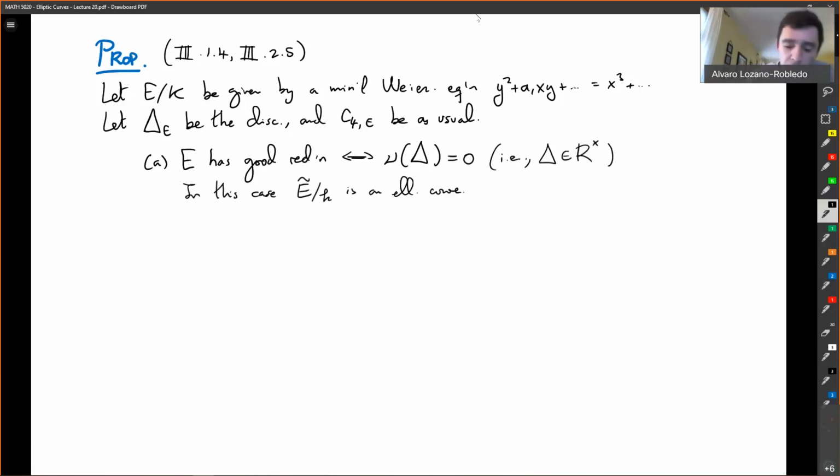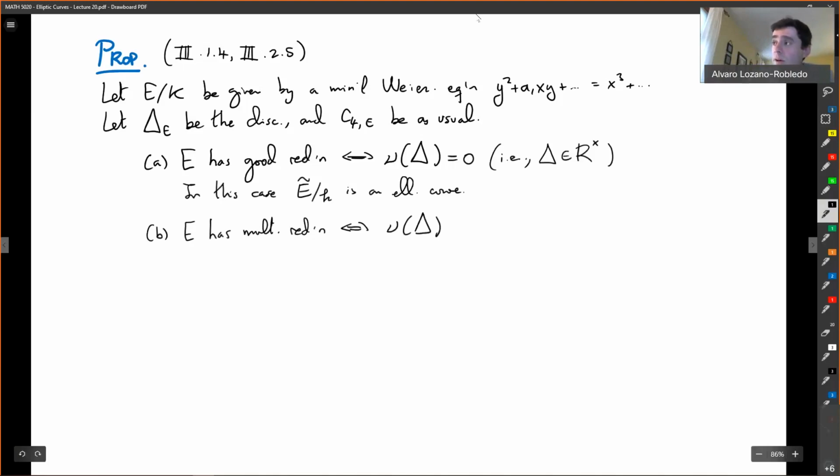B, remember that one has multiplicative reduction when there is a node, and we knew that nodes occur when the discriminant is 0 but C4 is non-zero. Translated to reduction, this means that the valuation of the discriminant is greater than 0, so it reduces to 0 in the residue field, but the valuation of C4 is 0, so it doesn't reduce to 0.